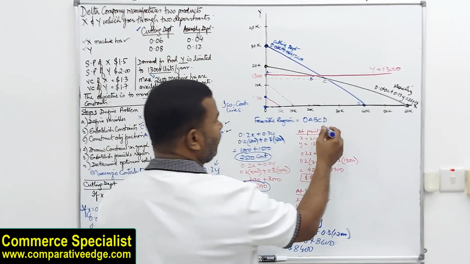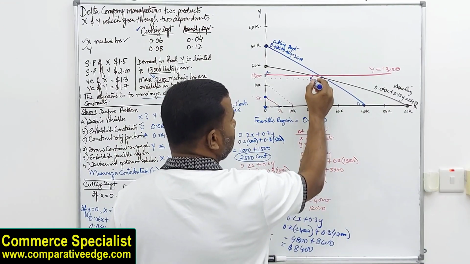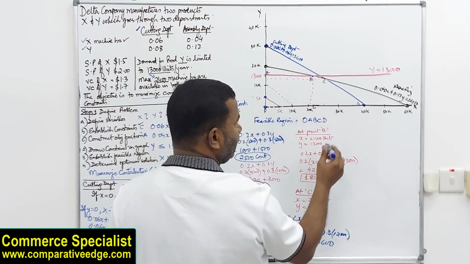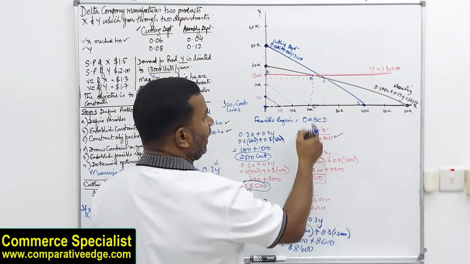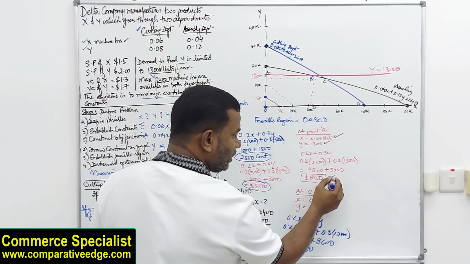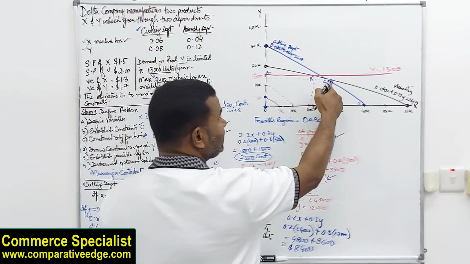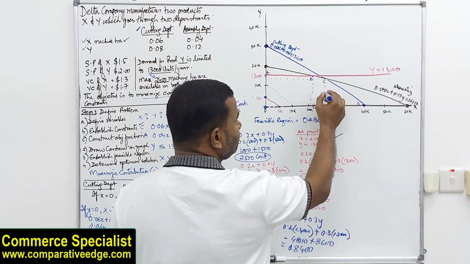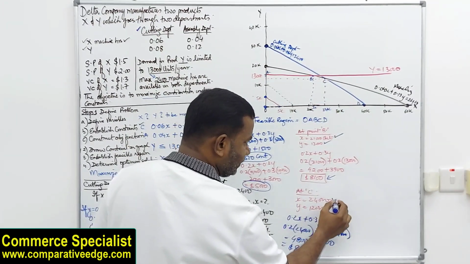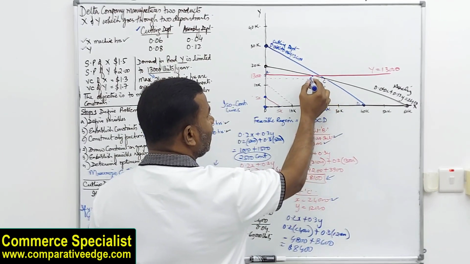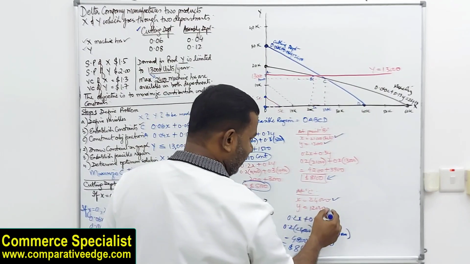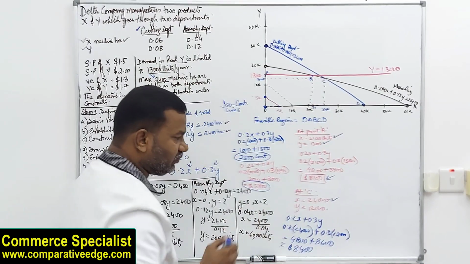At point B, I took 21,000 of X and 13,000 of Y, but my contribution is 8,100. At point C, 24,000 units of X and 12,000 units of Y give me 8,400.